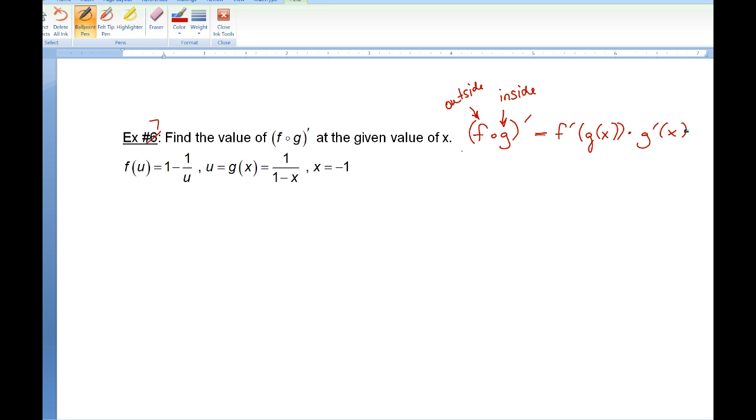Got it. u is g of x. So you see here, I put f prime of g of x. I could write that as f prime of u times g prime of x. I prefer u is g of x.